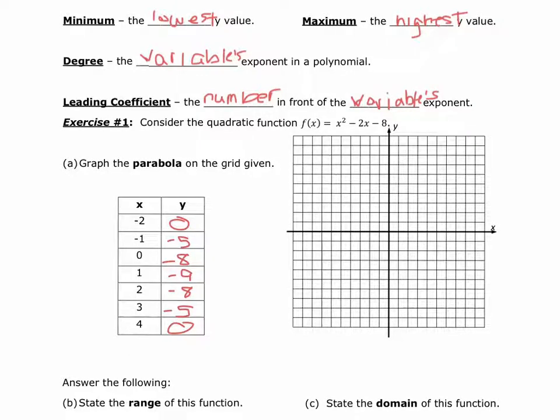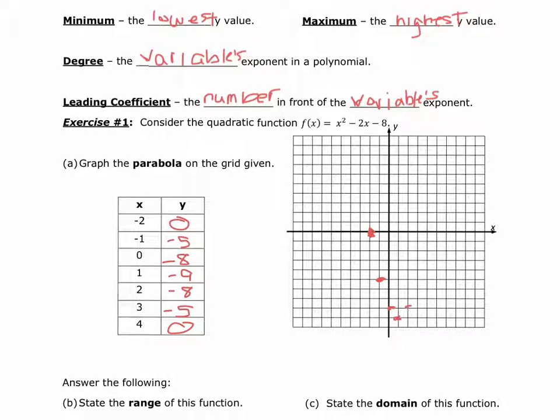So negative 2, 0, and then negative 1, 5, 1, 2, 3, 4, 5, negative 8, 6, 7, 8, negative 9.